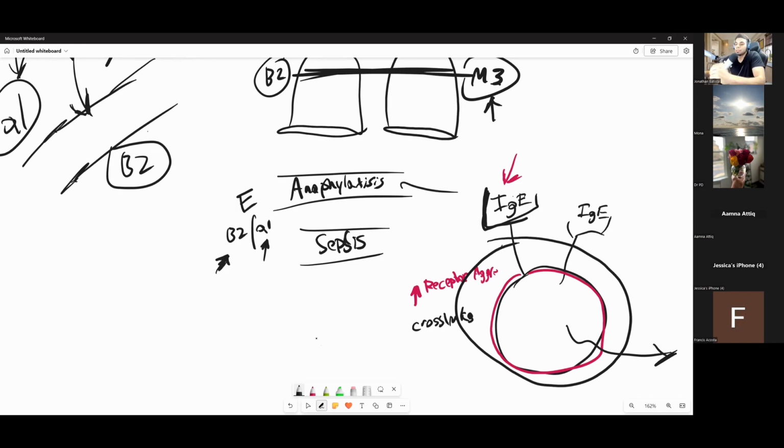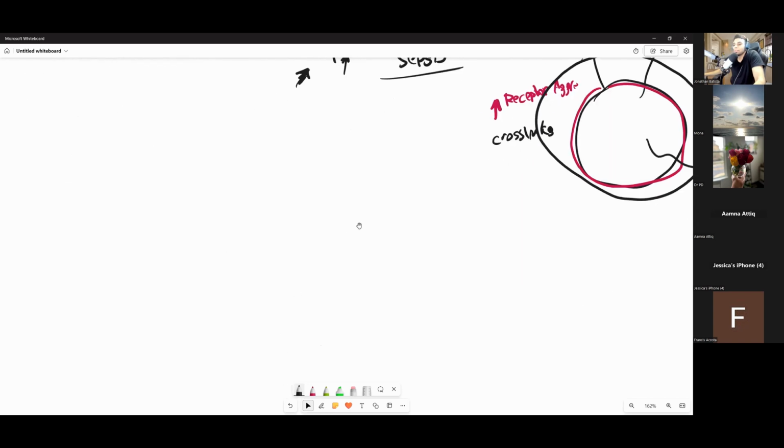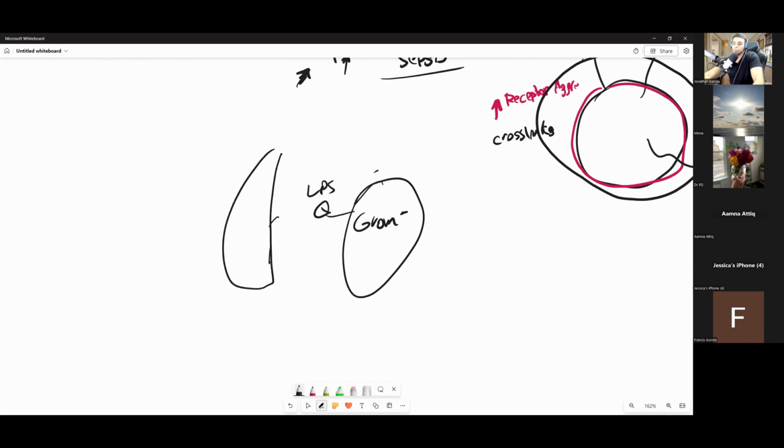Good. Sepsis, a completely different story. In sepsis, we mentioned when you have the gram-negative, remember, gram-negative is going to have LPS. And then you have, of course, your macrophage with the toll-like receptor.